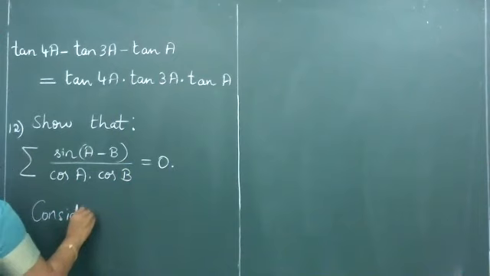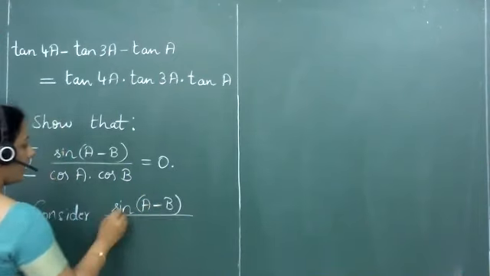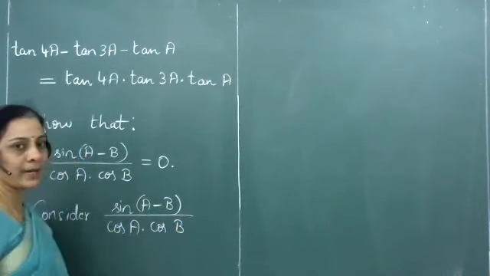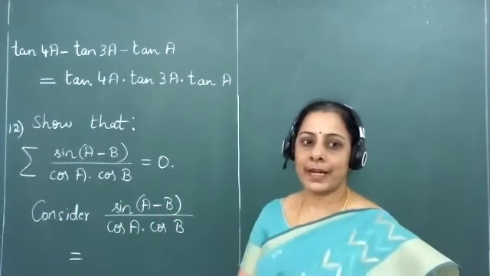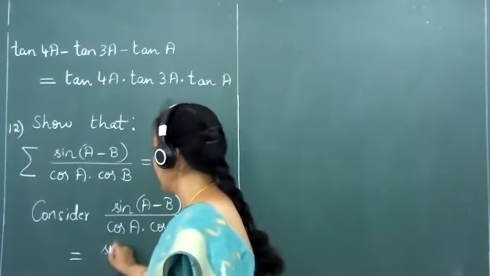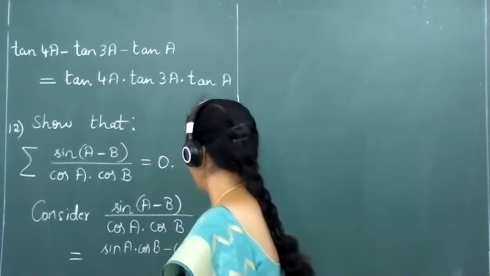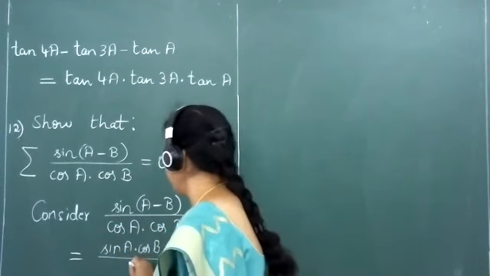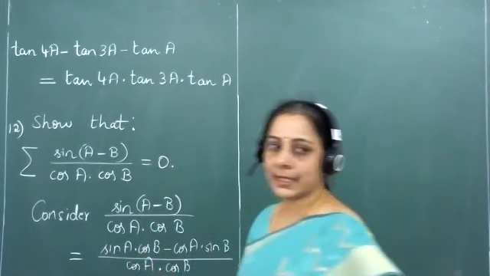We consider sin of a minus b whole divided by cos a multiplied with cos b, and the numerator sin of a minus b is again a compound angle formula, which will be taken as sin a into cos b minus cos A into sin B, retaining the denominator cos A into cos B as it is.